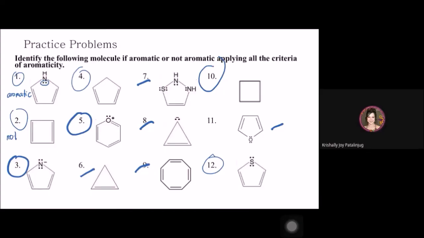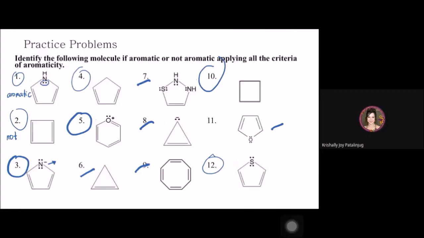Okay, number 3. Where you see lone pairs, apply the two statements. Is the nitrogen sp2 or sp3? Never mind the charges. Negatively charged means it gained an electron pair, positively charged means it lost one.